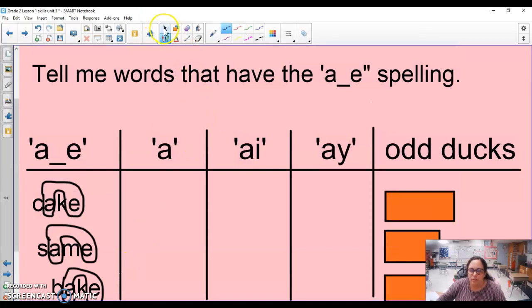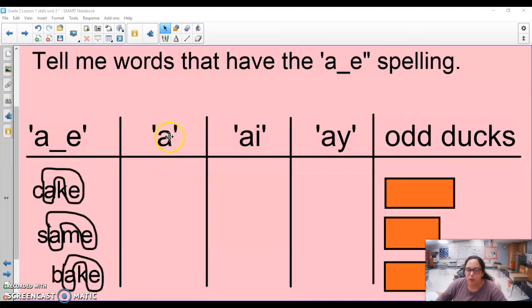I'm just giving you some examples. Now when we have the letter A, we know that this sound can say A or A.